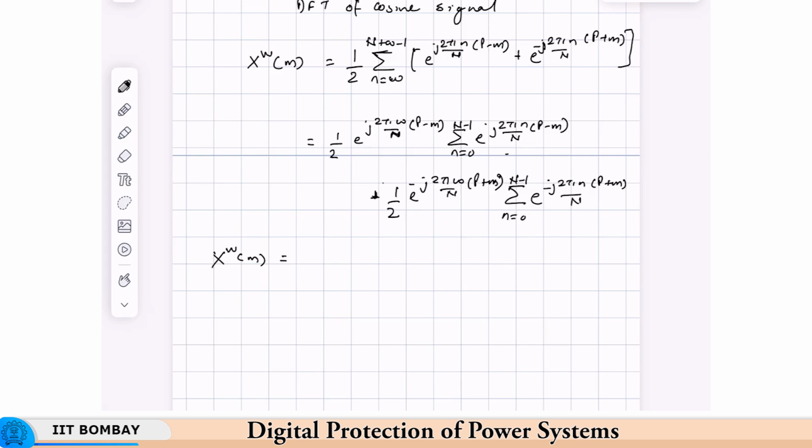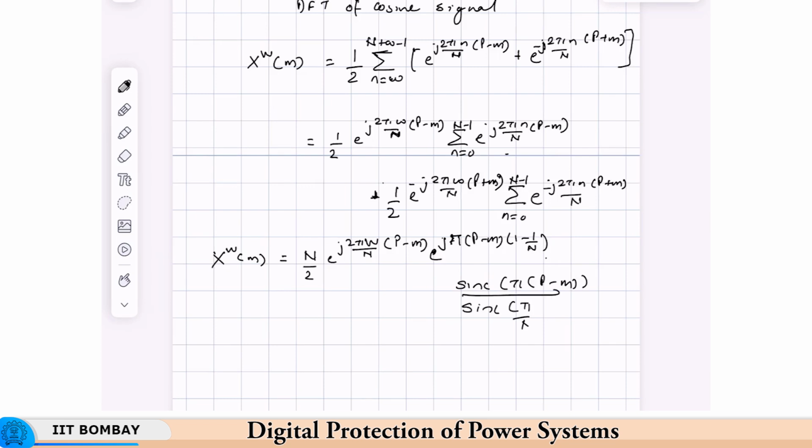for the wth window, we get n by 2 e raised to j 2 pi w by n into p minus m. Okay, so this is w, please not to be confused with omega. So let me write it a little differently: e raised to j pi p minus m into 1 minus 1 by n into sinc of pi p minus m upon sinc of pi by n p minus m.